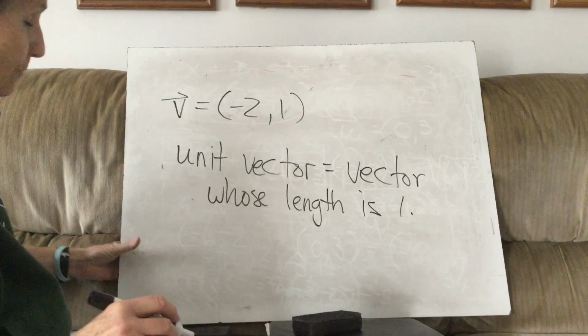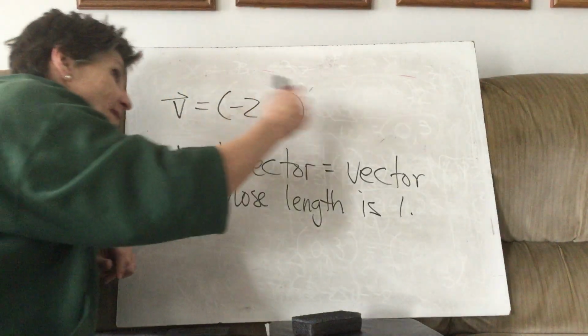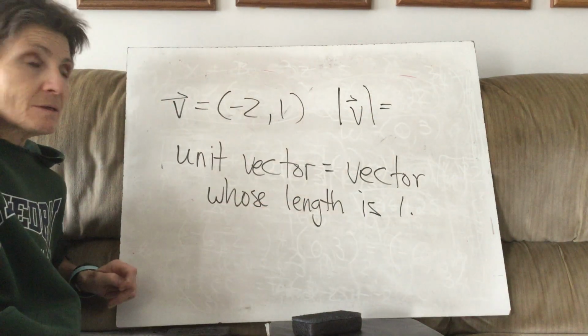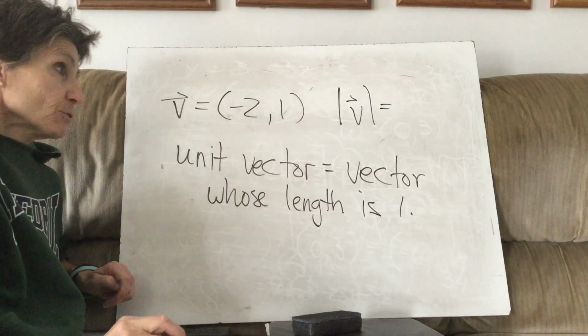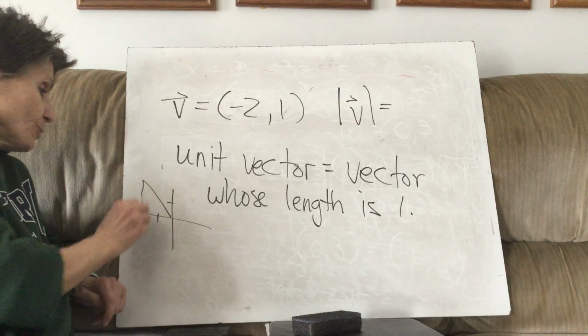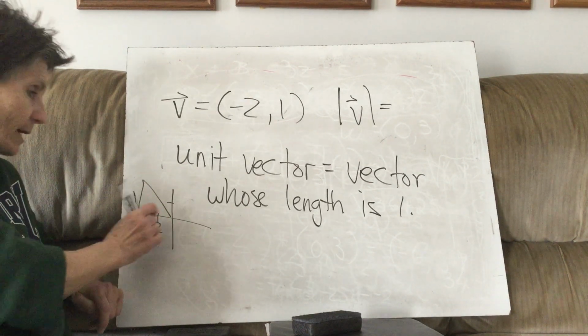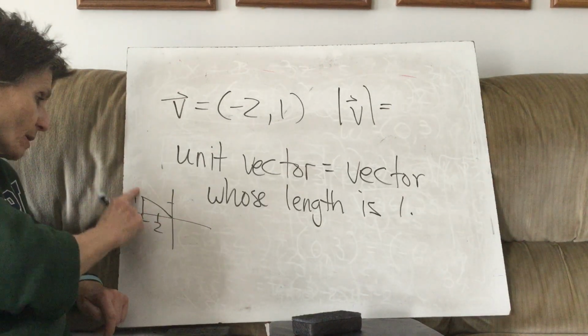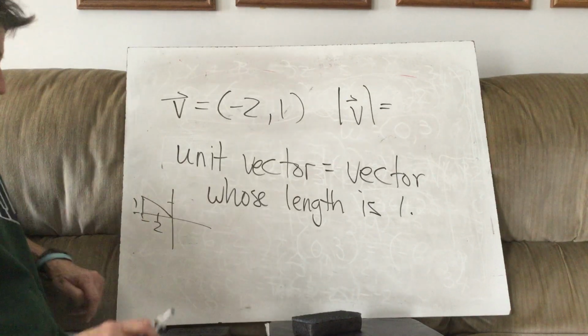Now, guys, you've done enough of these. The magnitude of this vector is not 1. The magnitude of this vector, remember, some of you are drawing pictures, over 2, up 1. Oh, I guess I didn't do a very good job. See what I mean? I'm just not very good at this. Over 2, up 1.